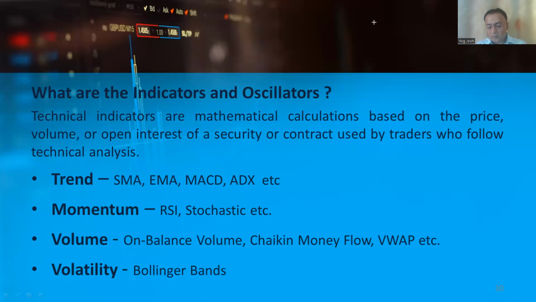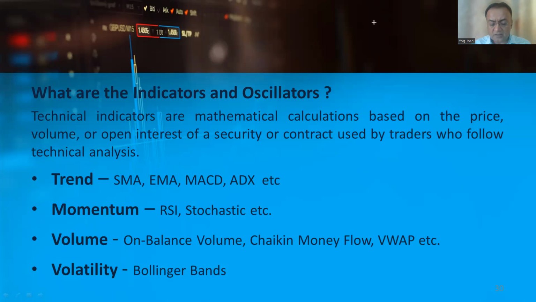In the overbought position, the chances are that it will come down, because overbought means excess buying has already happened in that stock. And oversold means excessive selling has already happened in that stock, and it might bounce back, or it might be waiting for the reversal.